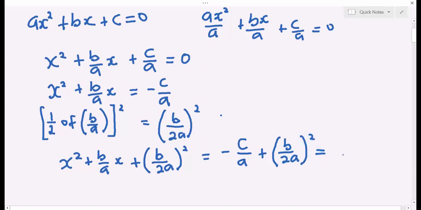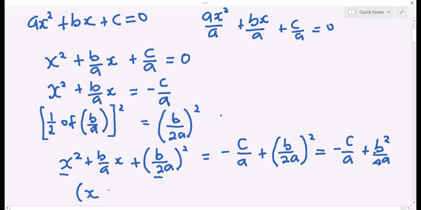Let us work on the right hand side. So we have minus c over a plus b squared over 4a. On the left hand side, we just pick this and this and put in our bracket and square.